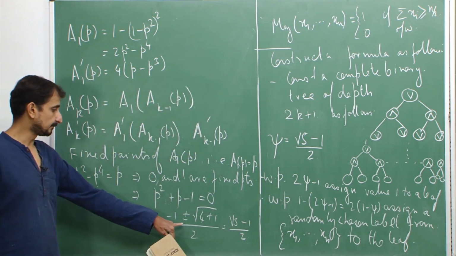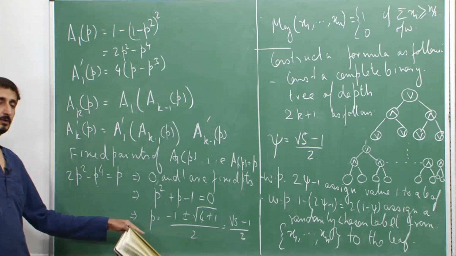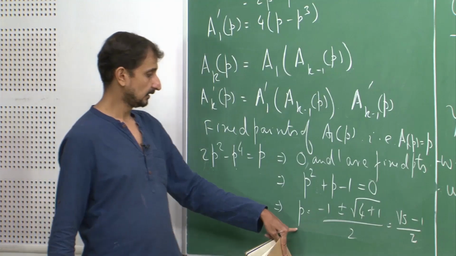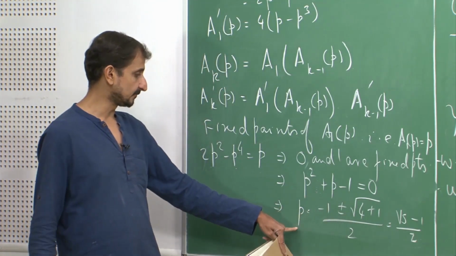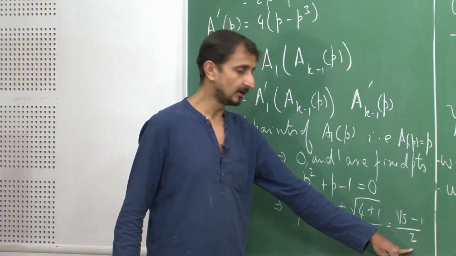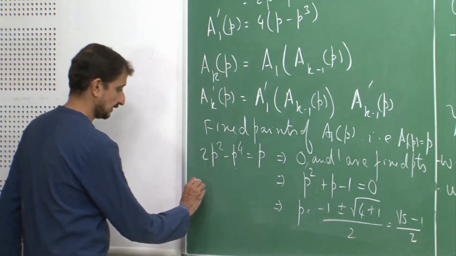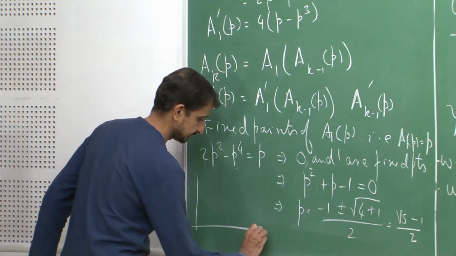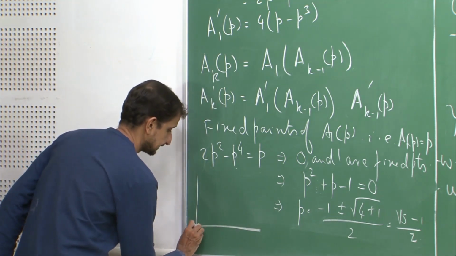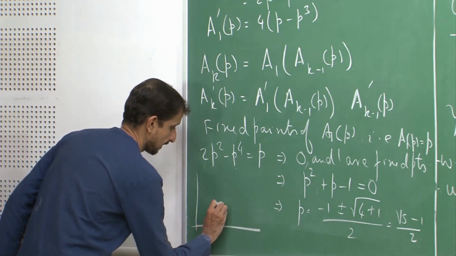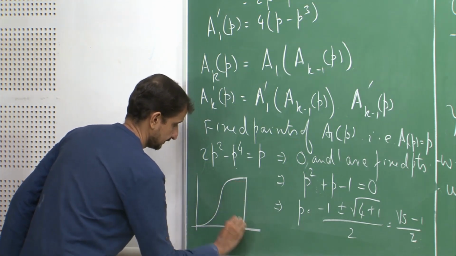The negative root is not considered because p is a probability, so it has to lie between 0 and 1. The negative value of p is ruled out, so this is the only other fixed point. Okay. So, the graph of this function will look something like this.